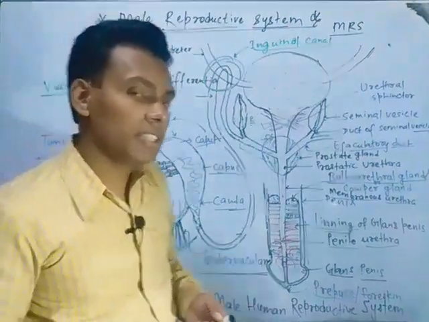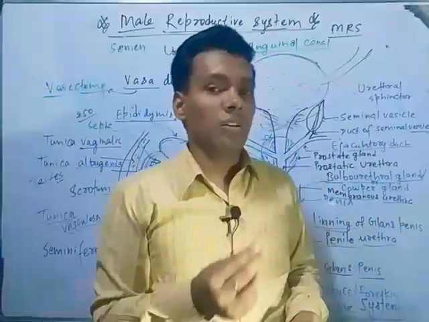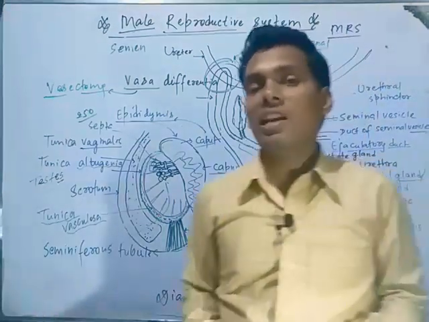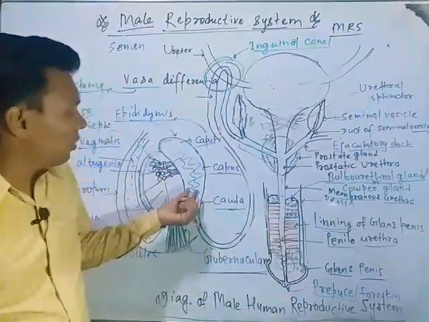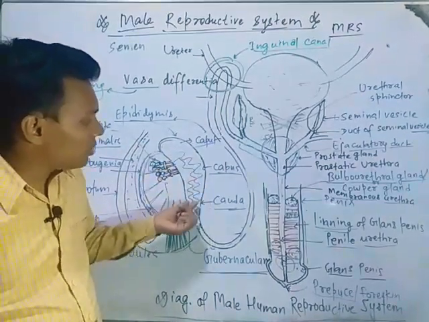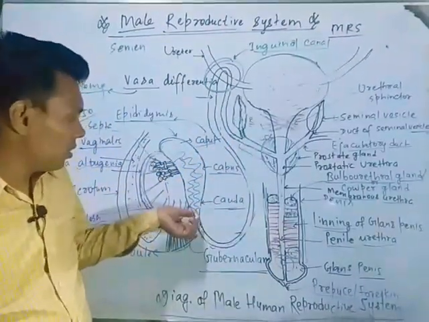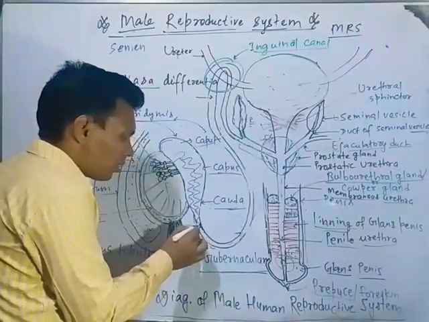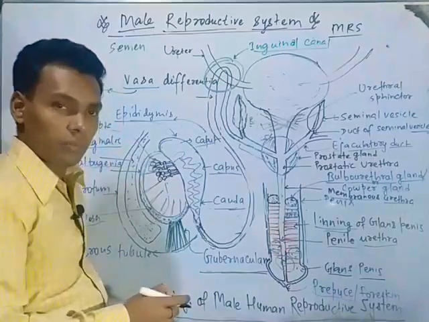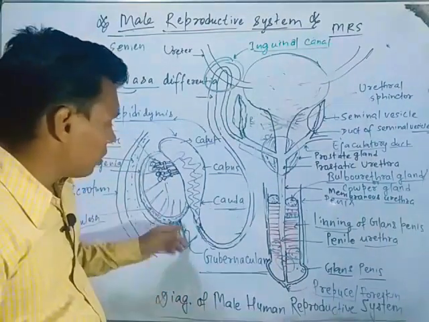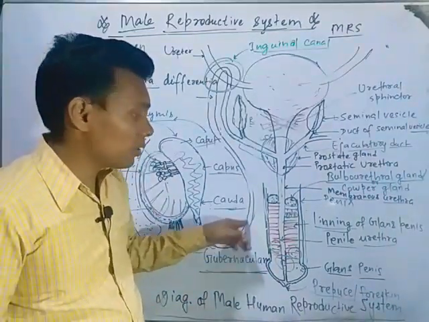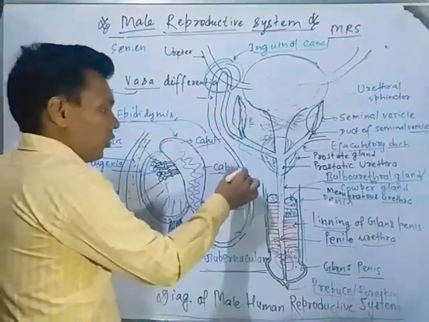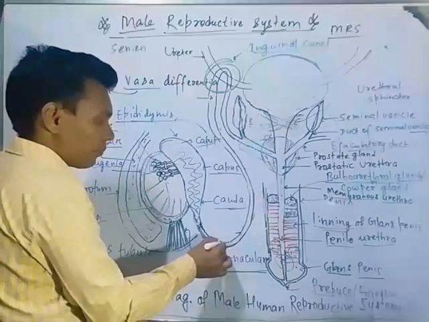The vasa efferentia is made up of a ciliated layer, but where the epididymis opens, its layer has stereocilia, which perform transportation of sperms to continue to the forward tube.